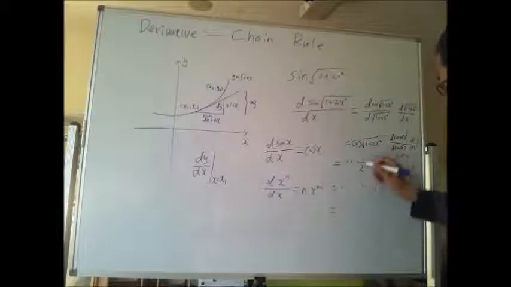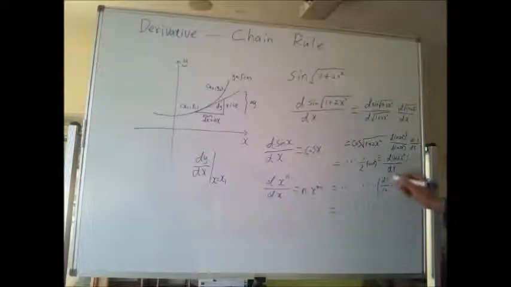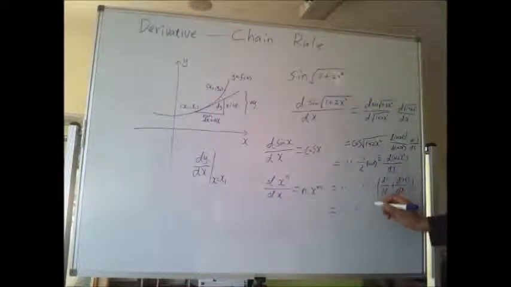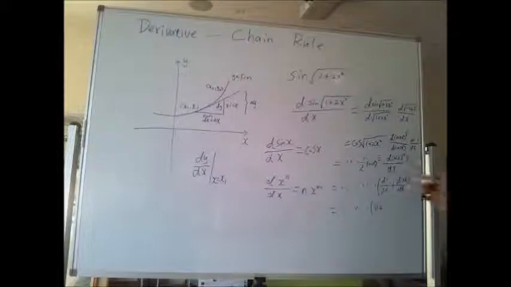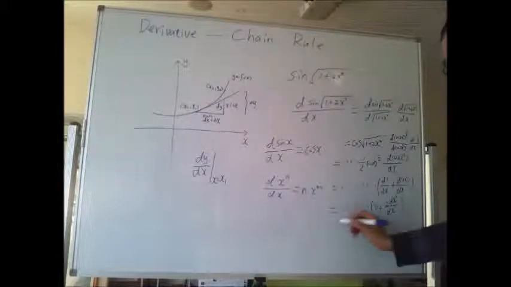Same thing, copy. What is d1 over dx? It is 0. And 0 plus what is d2x squared over dx; the 2 can be taken out. What is the derivative of x squared over dx?